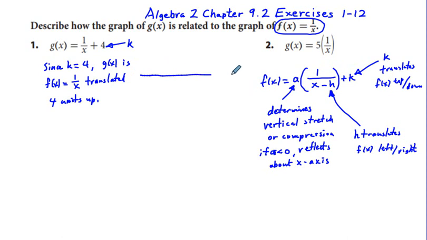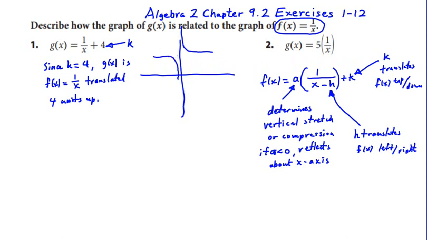So you're just taking the standard parent function, translating it 4 units up. The standard parent function looks like this. That's the standard parent function. What you're doing is taking this parent function and translating it 1, 2, 3, 4 units up, and likewise the bottom section 4 units up.